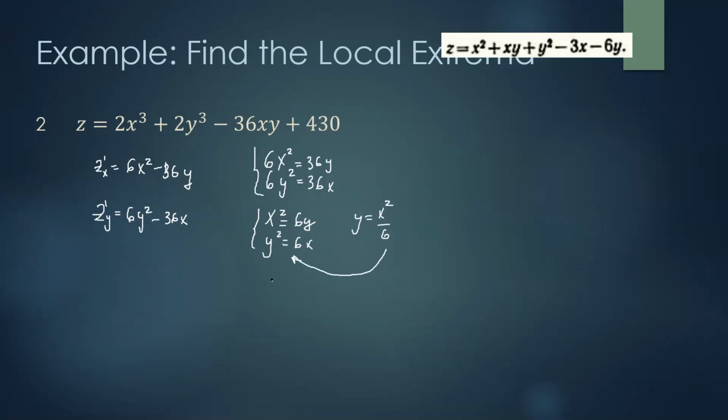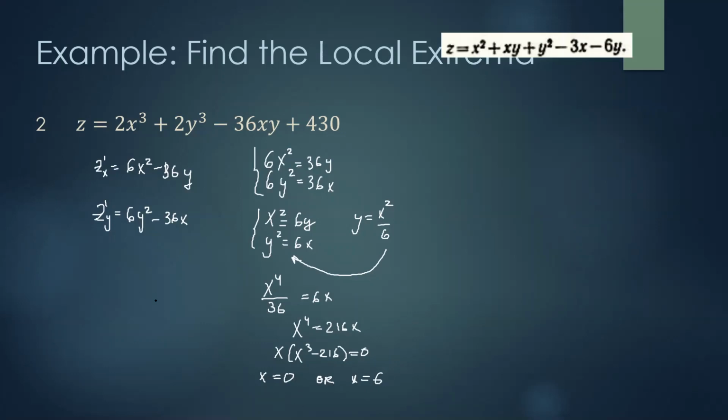Now I have x to the 4th divided by 36 is 6x, which means x to the 4th is 216x. So we have two possibilities. x times (x cubed minus 216) is 0. So x is 0 or x is 6, because 216 is 6 cubed. Remember how I got this: I basically multiplied 36 by 6, so it's 6 cubed. So x is 0 or x is 6.